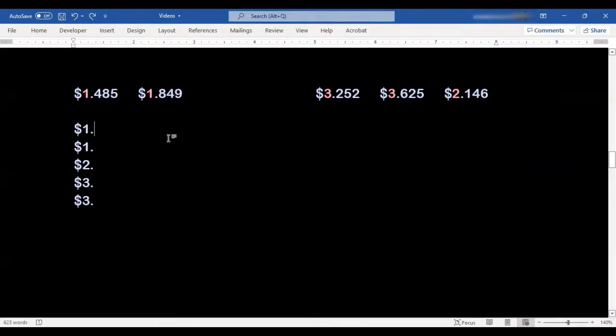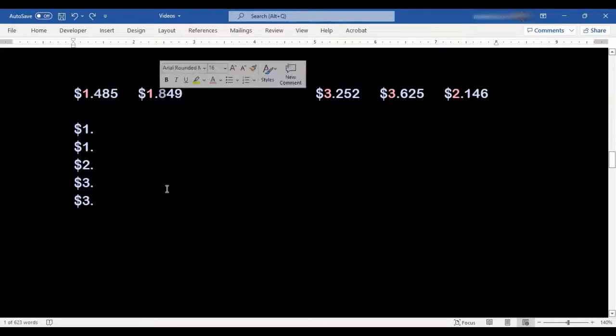So after you've got the whole number part figured out, then you want to compare the two decimal parts of those numbers. So here we have a 4 in the 10th place, and the second one has an 8 in the 10th place. So because 4 is smaller than 8, it's going to come first in the list.